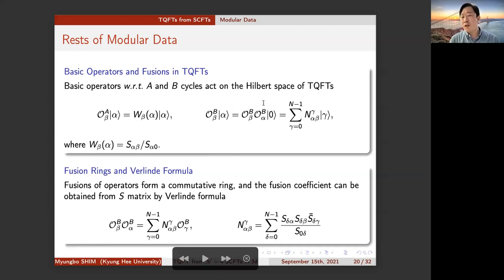And fusion of anyons can be described by the fusion coefficient N. However, we don't worry much about this N, because the fusion coefficient can be obtained from the S-matrix by the famous Verlinde formula. So our primary interest is the S-matrix and T-matrix in the modular tensor category.